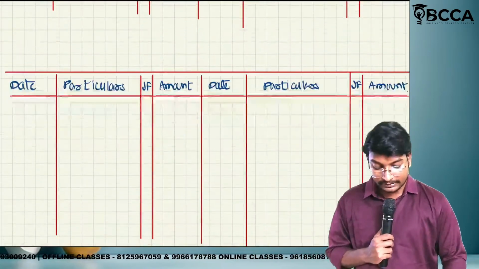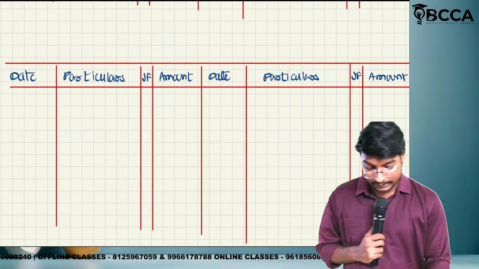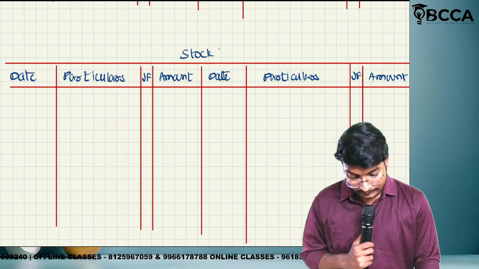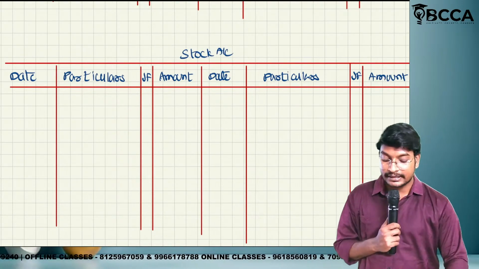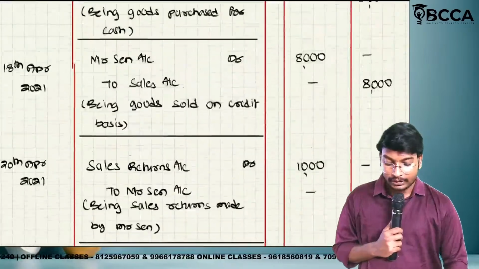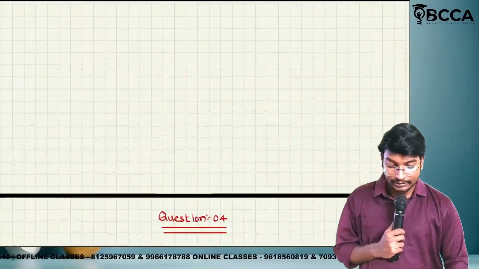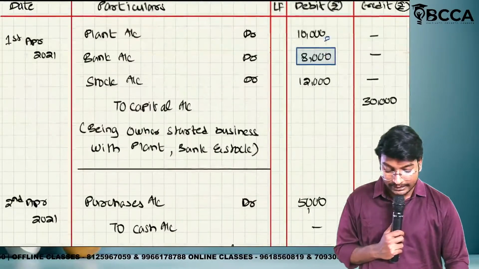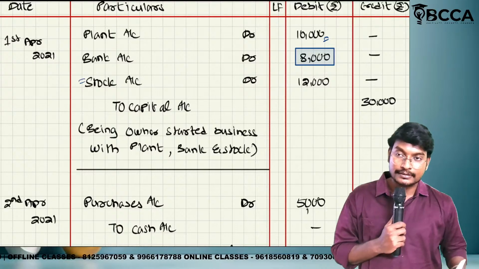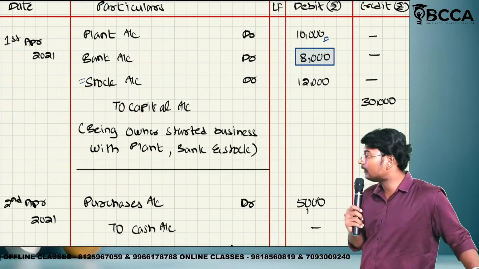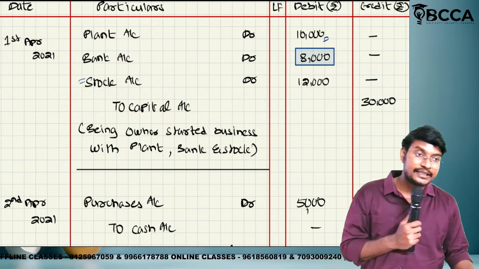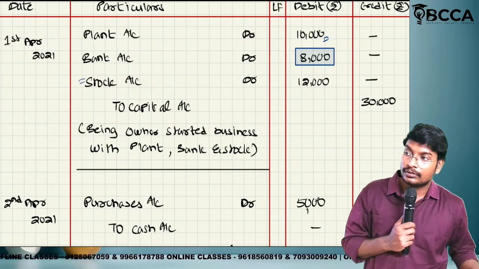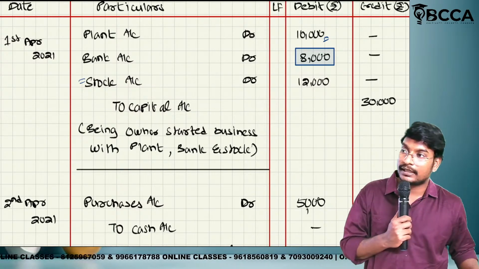What is the next account, guys? The next account is stock account. In the stock account also, do we record on the debit side or credit side? We record on the debit side itself, because in the journal entry the stock is debited. So we record on the debit side of the stock account with the opposite asset name, which is capital. On the debit side we use the word "To".